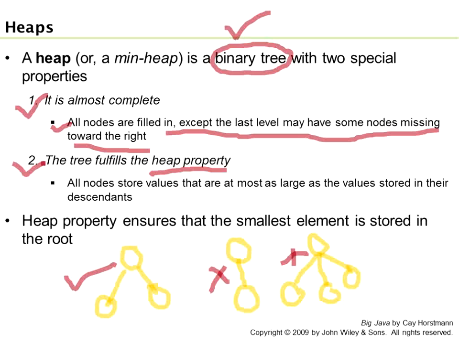The heap property is that the root node has the minimum value, then its left subtree and right subtree. In case of a heap, as you move downwards, all nodes store values that are as large as the values stored in their descendants.